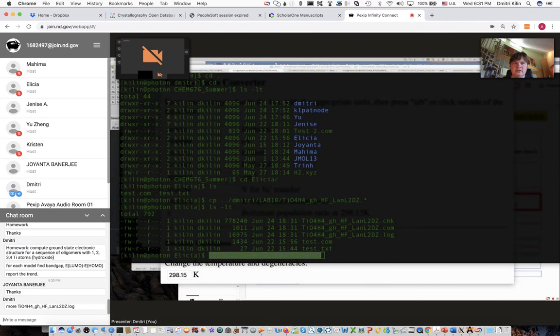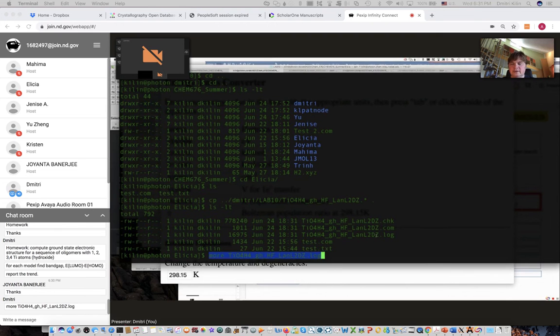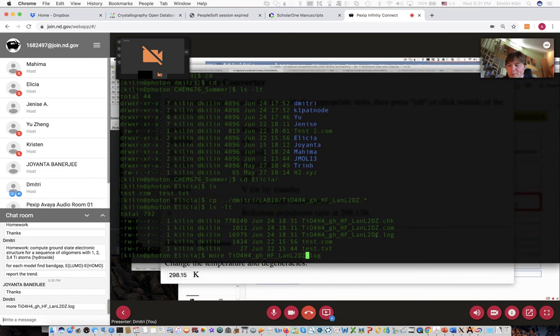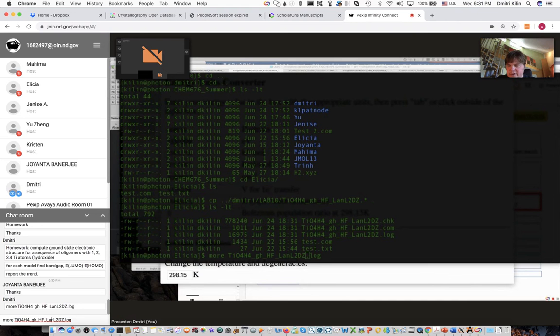And also, you are very welcome to open these files with GaussView. So you can type gview.exe, and then the name of either the input or output file.